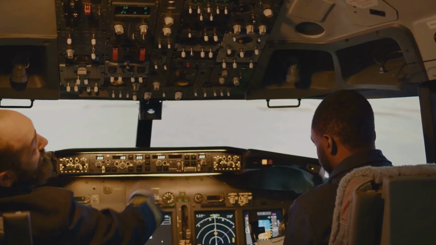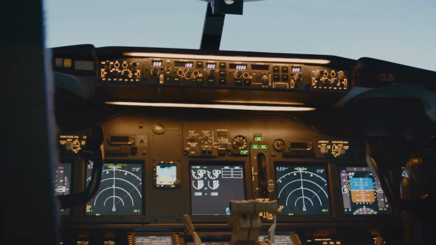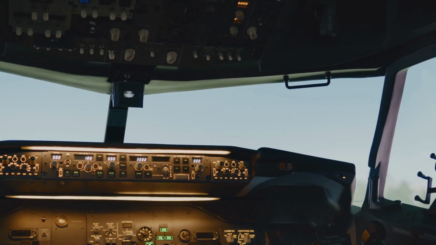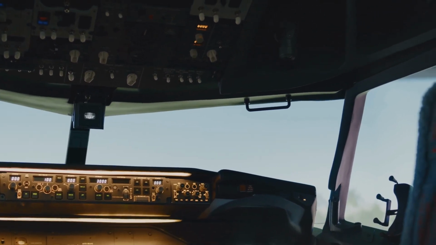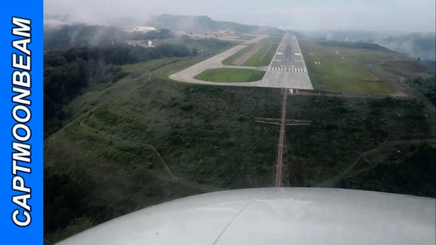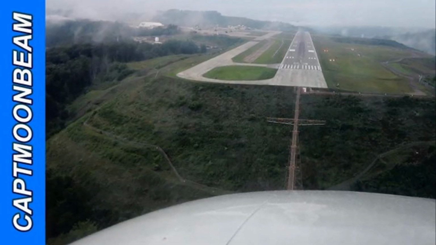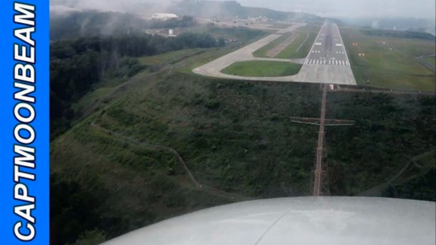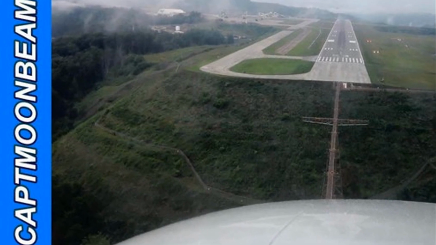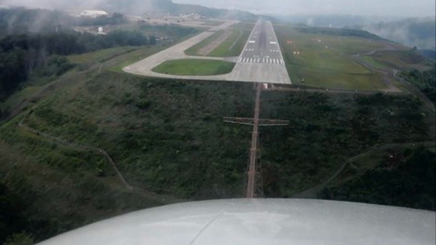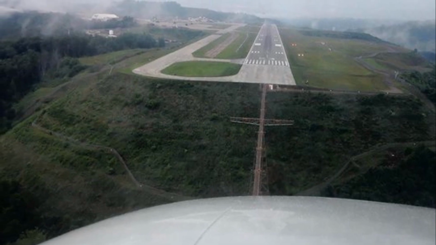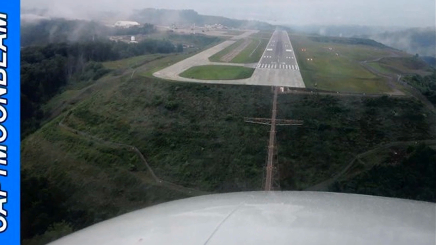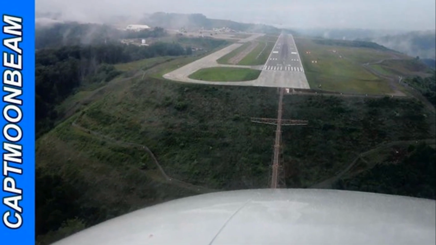The training didn't sufficiently emphasize the importance of adhering to standard operating procedures and respecting the aircraft's warning systems. Moreover, the training did not adequately prepare the crew for the challenging conditions of Mangalore's tabletop airport, which is surrounded by deep valleys. The airport requires precision landing, leaving no room for the slightest miscalculation.